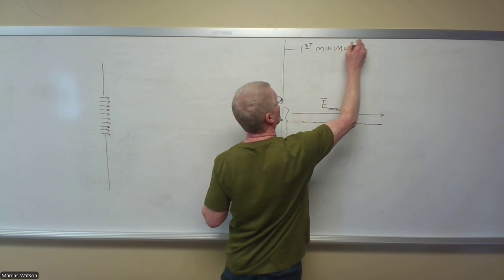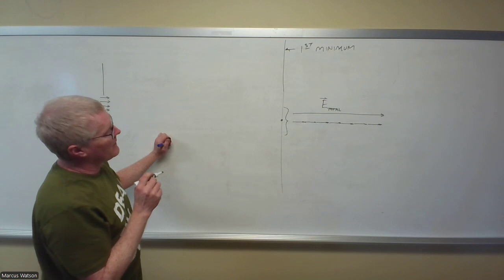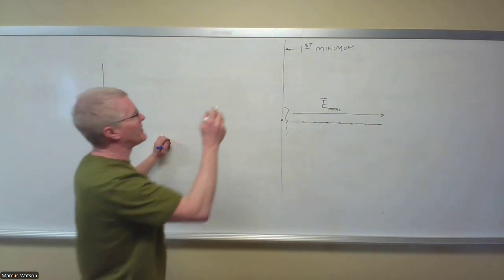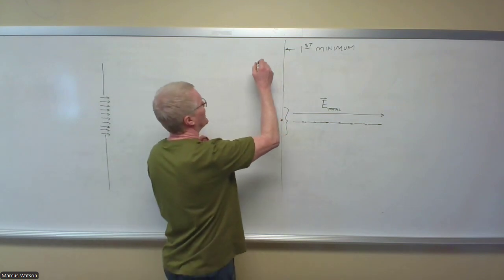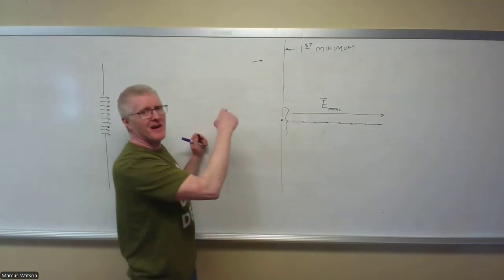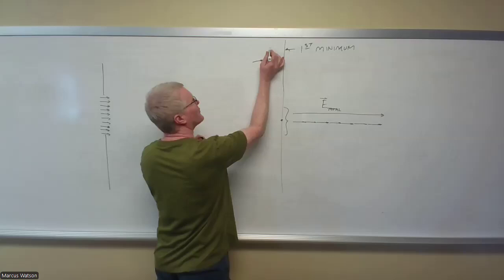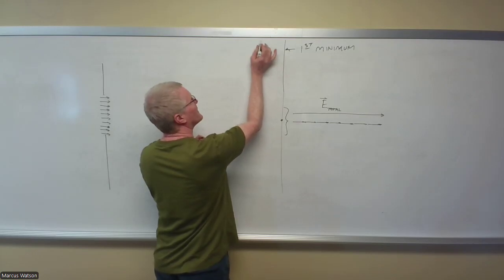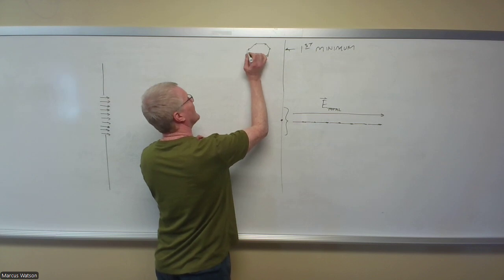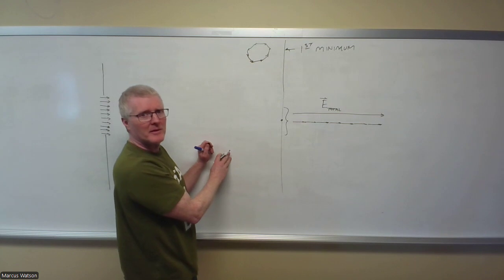At the first minimum, one of them is still kind of lining up like this, and then the next one had to have gone a little further, so it's like this, and then the next one's a little further than that, and the next one's a little further than that, and there they are. Now they're all lined up, right?